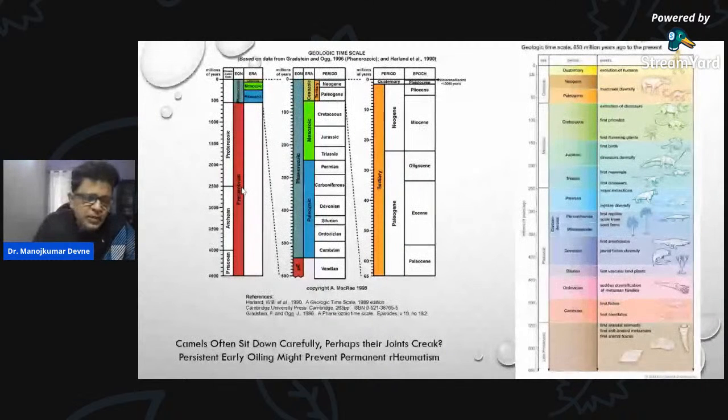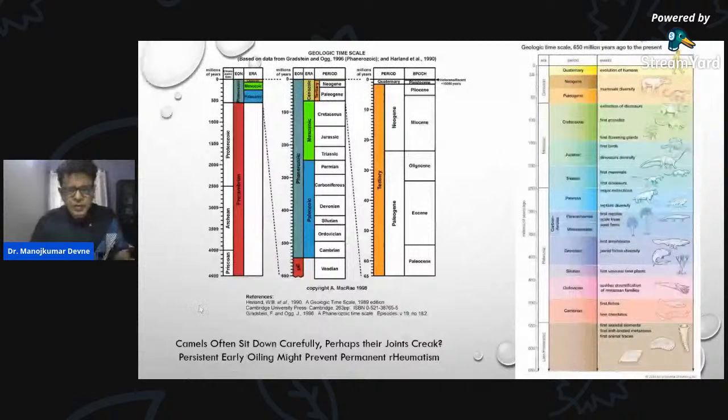The first column is all the 4.6 billion years, the age of the earth. The second is the 0.6 billion years of it. And the third is the last, the tertiary period, which includes the Cenozoic, the modern life, which is 60 or say 65 million years. That is how this is divided.